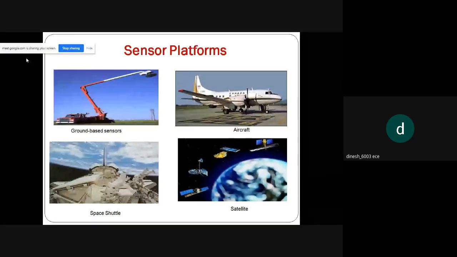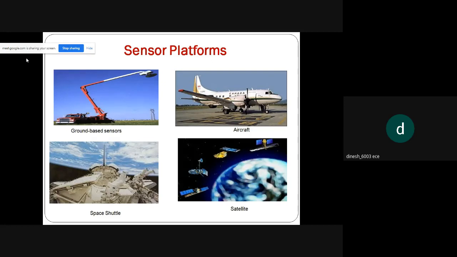We have a truck which has an antenna which will capture information of a remote location from a farther distance, without actually going there. So that is a ground-based sensor. Second is an aircraft, which can carry sensors which acquire information during its travel. Another one is a space shuttle which can get data in space, information about the space.